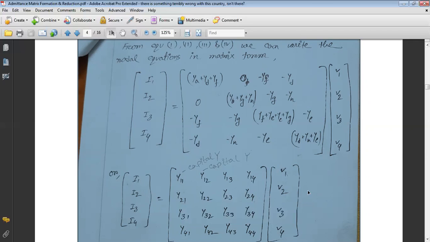So in this bus admittance matrix, we can categorize the elements into two separate categories. At first, the mutual admittance, and next, the self-admittance.